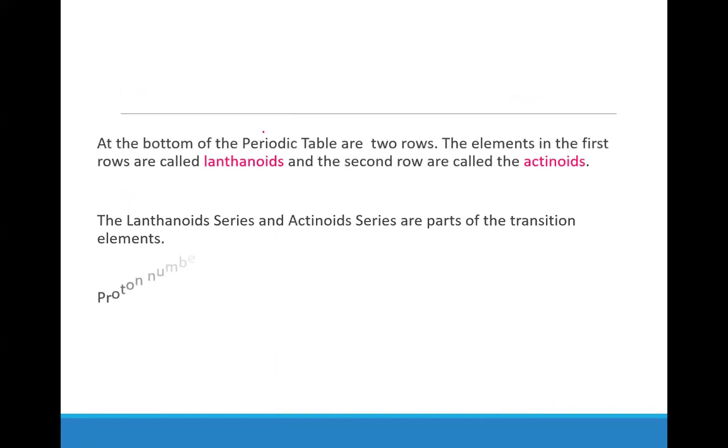In the periodic table, there are two blocks of elements. You have the large portion of the periodic table, which you see on the top. Let me draw the periodic table.